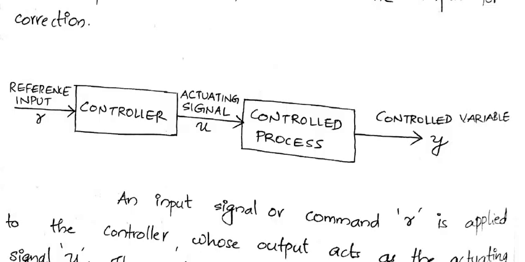So we are applying AC voltage to the relay circuit, and that is ultimately applied to the heating element in the electric furnace. So based on the voltage, the heating element will start to heat and the temperature in the furnace will start to increase.